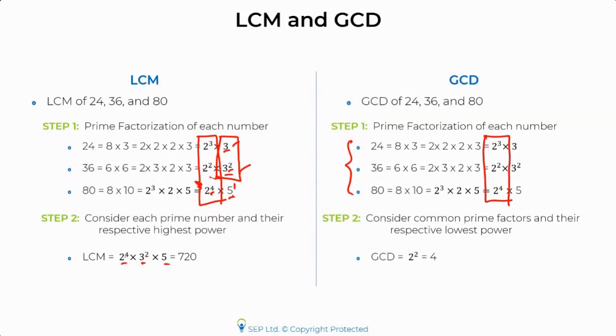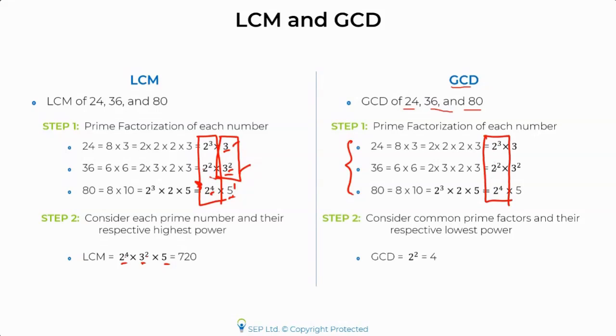Understand what a divisor is. A divisor is a number which should divide. If I'm looking for the GCD, I'm looking for a number that divides all three numbers, so I have to find a common entity present in all of them. The only thing common in all three is 2 squared, the minimum that is present.